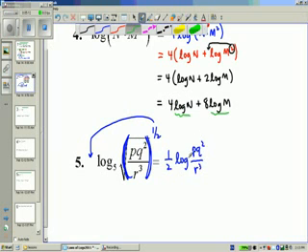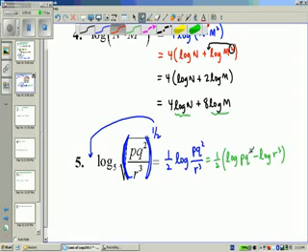Now when I look at my big picture here, this is a quotient. So I'll use the second rule. So I'm going to make that 1/2, I'm going to need parentheses here, log of PQ squared minus log of R cubed. It's pretty complicated because in this one you see a power and a product.